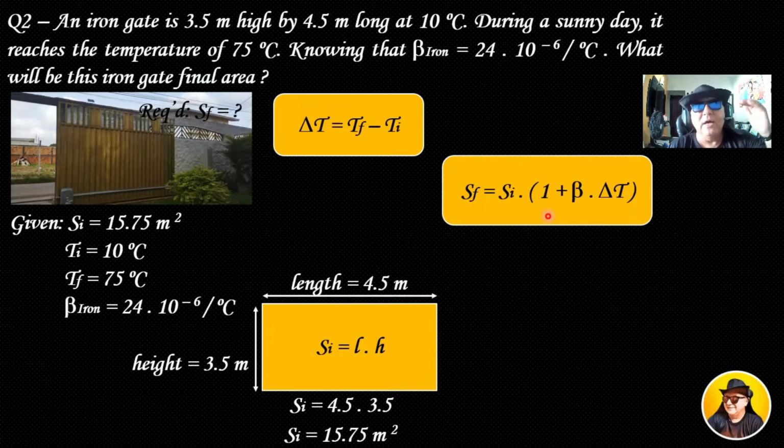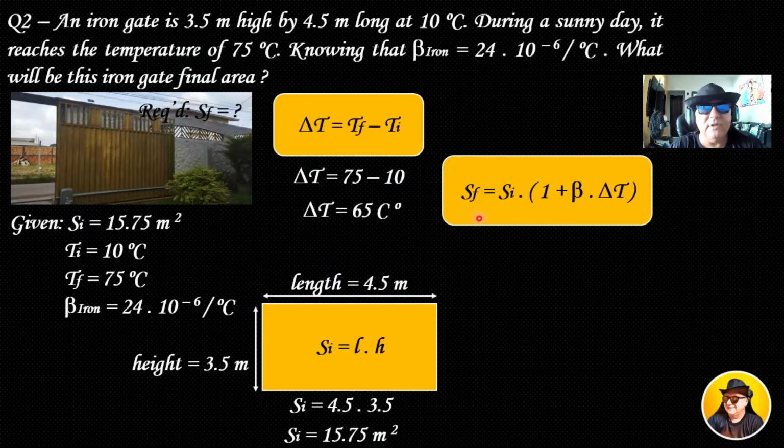All right. So let's calculate the change in temperature. Delta T is 75 minus 10, so it is 65 Celsius degrees. Now that we have the change in temperature, we can replace it here and solve that formula.